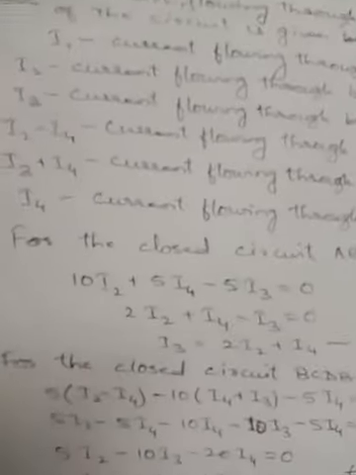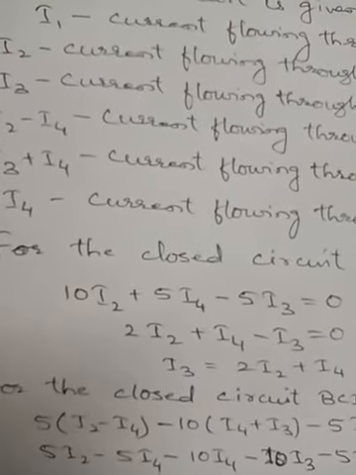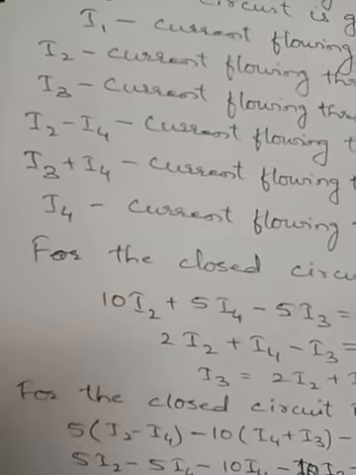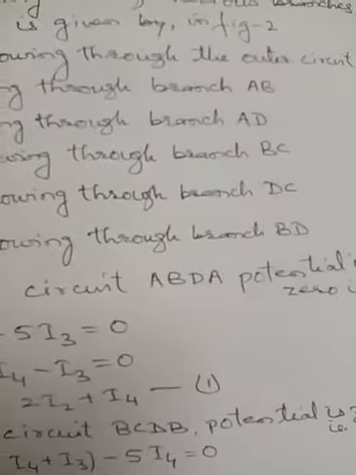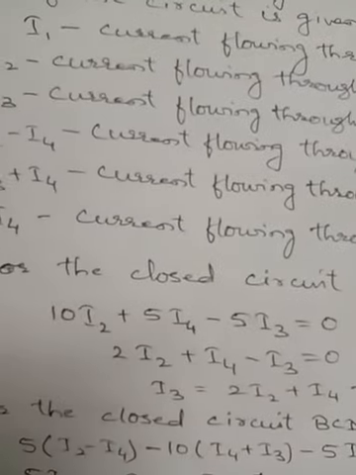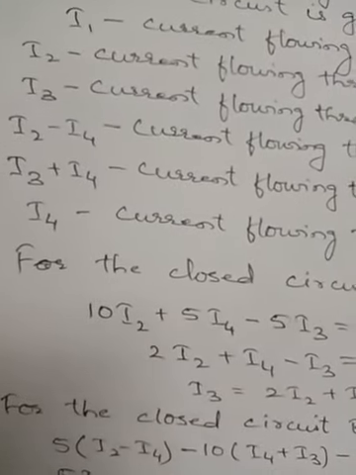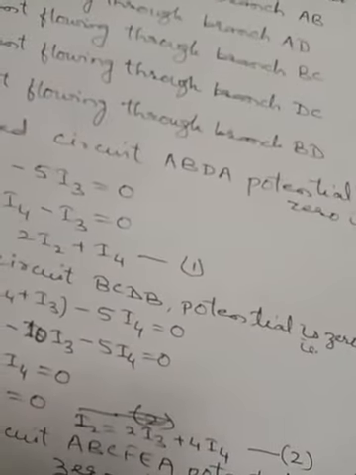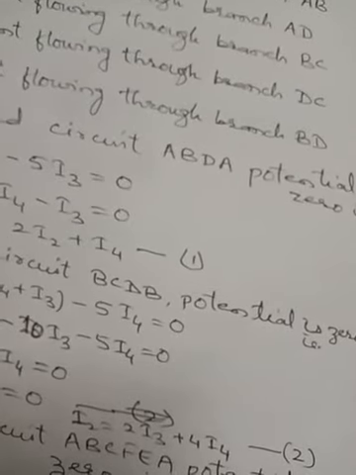BC is equal to how much? I2 minus I4. Similarly DC is equal to I3 plus I4. So using these formulas, we will find out the values. So this is the problem which will be completed.